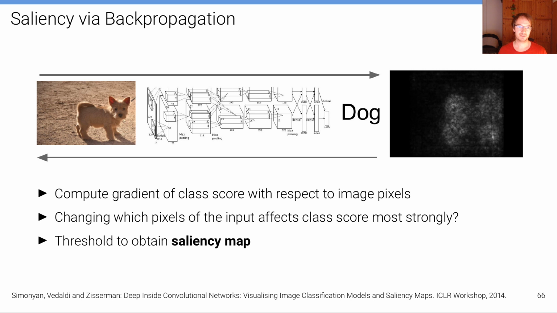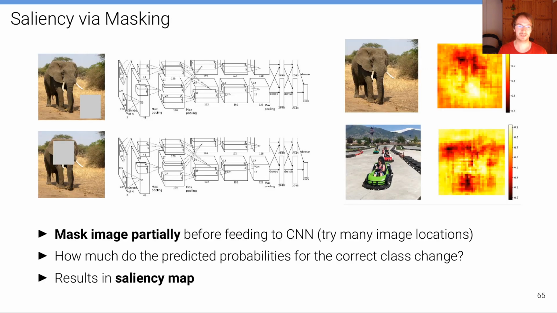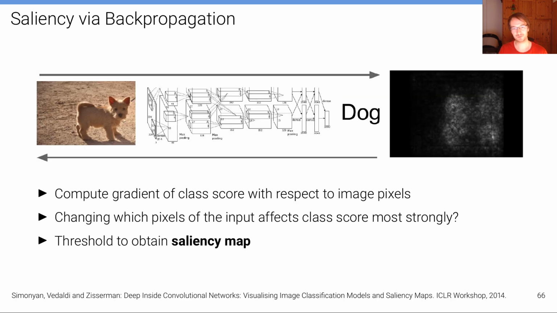Another strategy to figure out what in the input image is relevant to the classification result is saliency via backpropagation. This is a much cheaper technique than running thousands and thousands of occluded images through the network. Because what you do here is you take a specific image and you compute the gradient of the class score with respect to the image pixels.